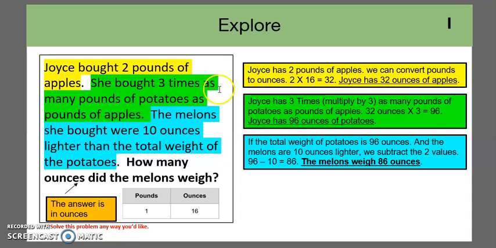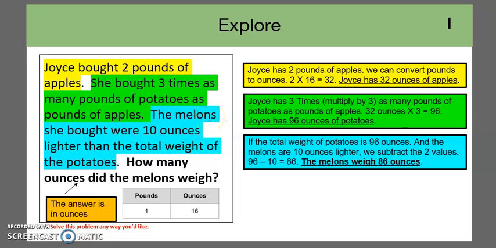The next part of the problem talks about potatoes. She bought 3 times as many pounds of potatoes as pounds of apples. So when we see 3 times, that tells us multiply by 3. We're going to take the previous answer of 32 and multiply by 3, giving us 96. So we know now that Joyce has 96 ounces of potatoes.